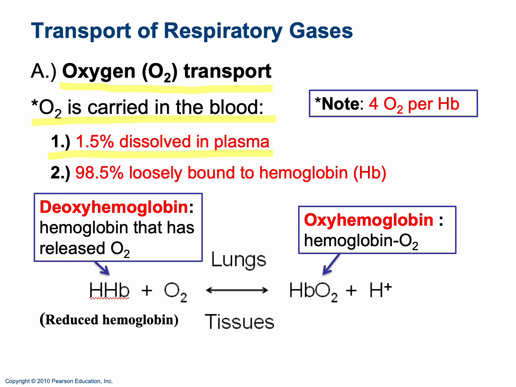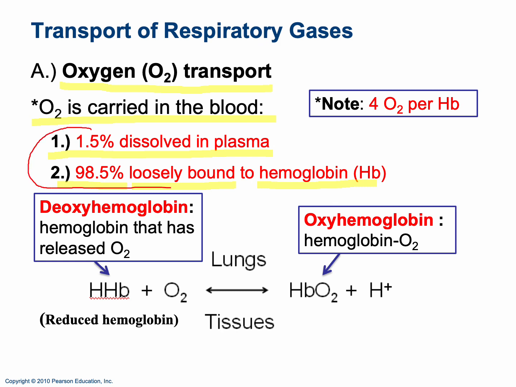Number two, 98.5% of oxygen is going to be loosely bound to hemoglobin. So those are the two major methods and how oxygen is carried in the blood.